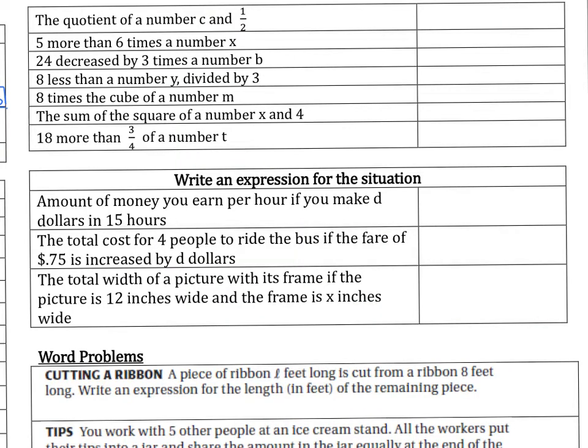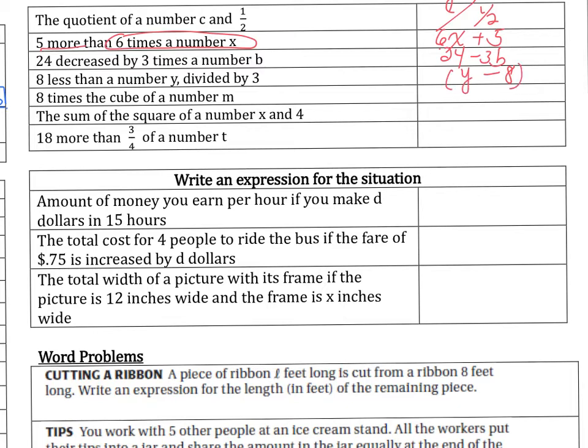Okay, so we've got a few more here. The quotient of a number c and half. So just do c divided by half. 5 more than 6 times a number. So again, this goes together and it's 5 more than. 24 decreased by 3 times the number b. 8 less than a number y.